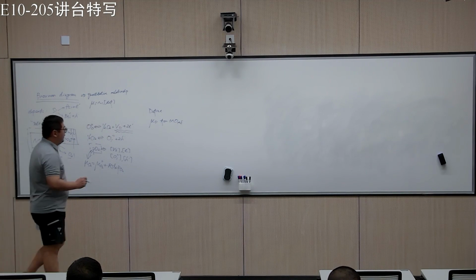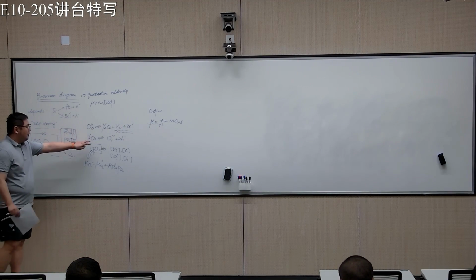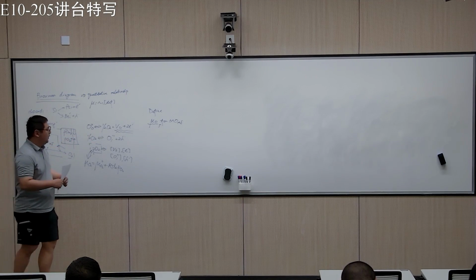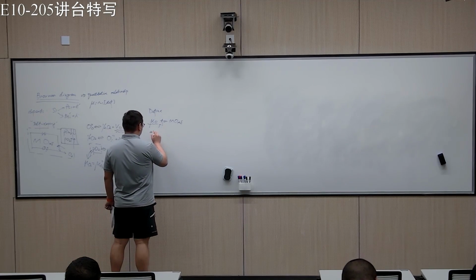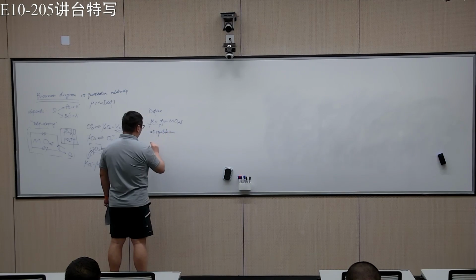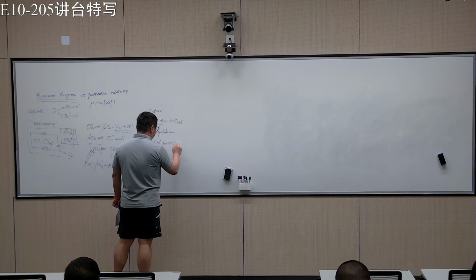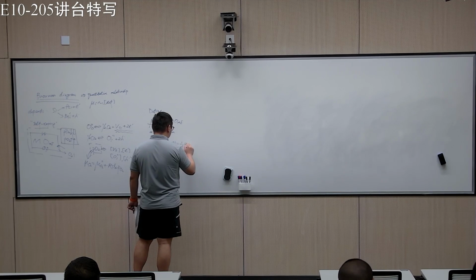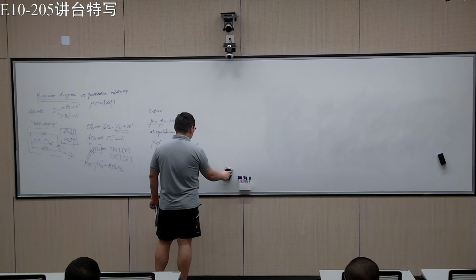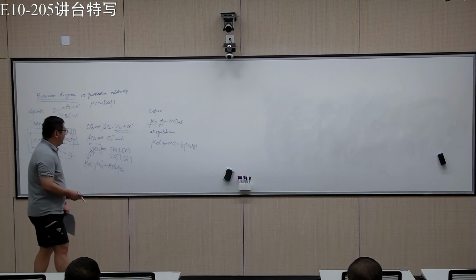If this increases, you can have more oxygen interstitials. If this decreases, you will have more oxygen vacancies. So at equilibrium, what you have is that this thing for MO should be one half of the gas phase.